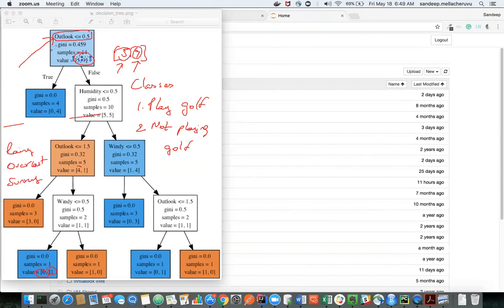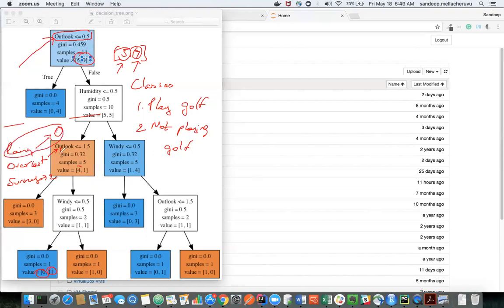Now outlook less than 0.5 doesn't mean anything unless I convert this outlook rainy, overcast and sunny into some numbers. Let's say I keep rainy as 0, overcast as 1, sunny as 2, or in any other order. If I keep 0, 1, 2, then I can say outlook less than 0.5 means there is only one value. Outlook is rainy.